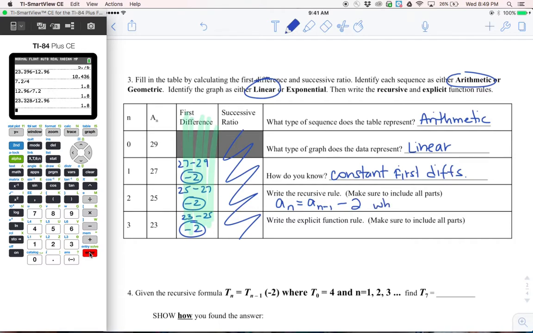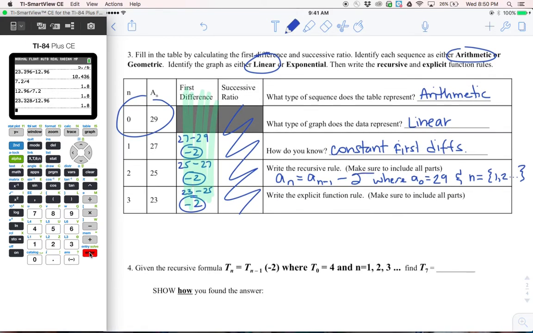Don't forget that a sub 0, the initial term, the 0th term, was 29. And n is equal to 1, 2, and so on. Again, because I used n minus 1, the smallest n value I can use is 1. We cannot allow the subscript to become negative.